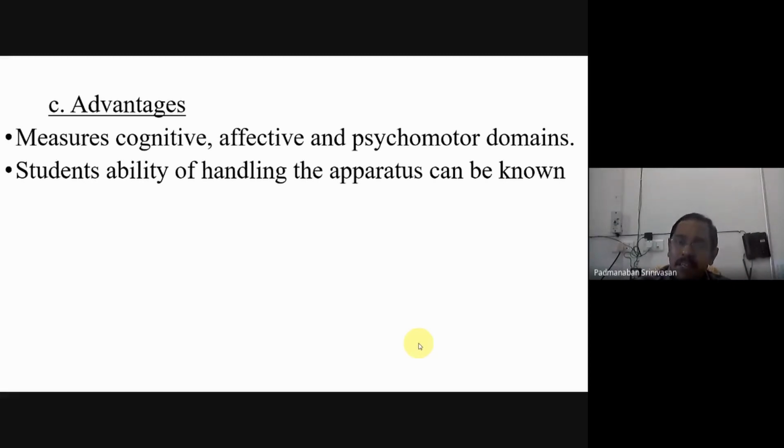If you have that interest, whatever you learn will be stored. If you are not interested, attention will not be there. Interest comes under the affective domain. If interest is there, whatever you learn goes in directly and is stored in the brain.